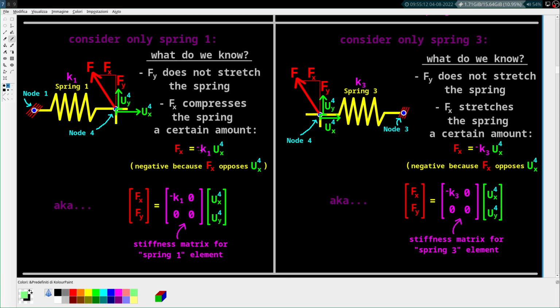So why is there a negative sign? Well, it's because Fx is to the left, whereas we're measuring U4x to the right. Therefore, a positive force has to result in a negative displacement. Similarly, on the right-hand side, for this right spring, it's also negative because, again, a positive force is to the left, whereas we're measuring displacement here to the right, so a negative sign.